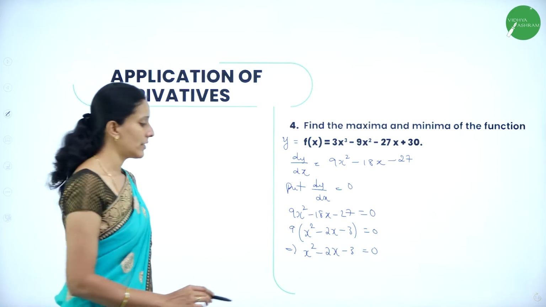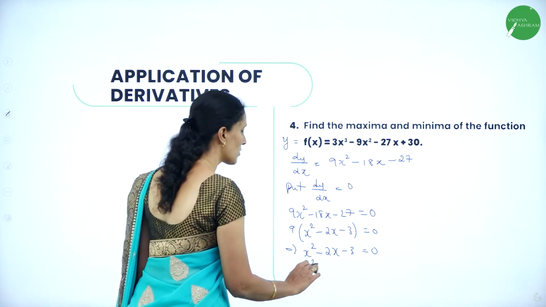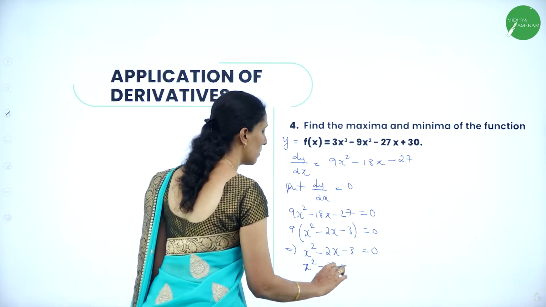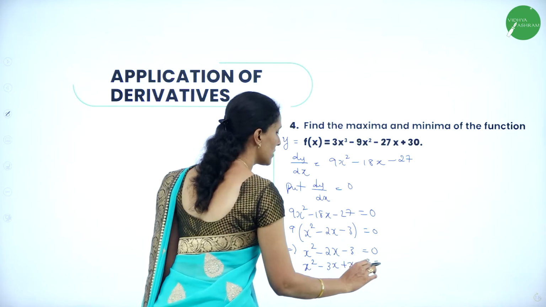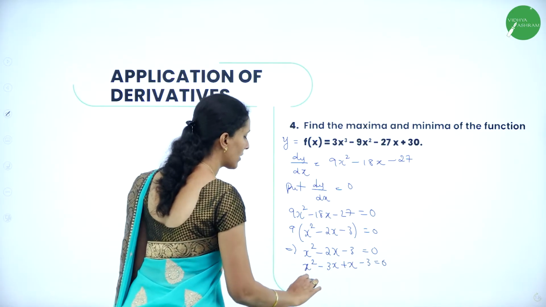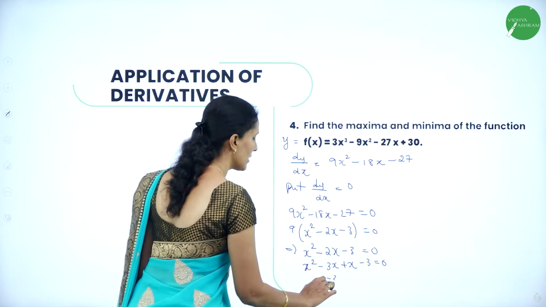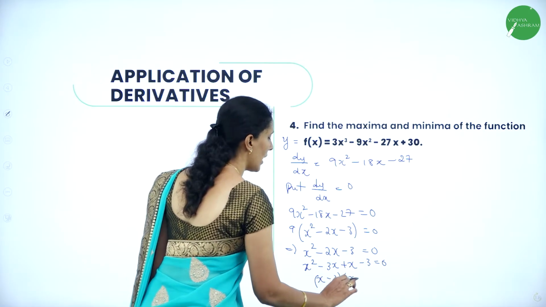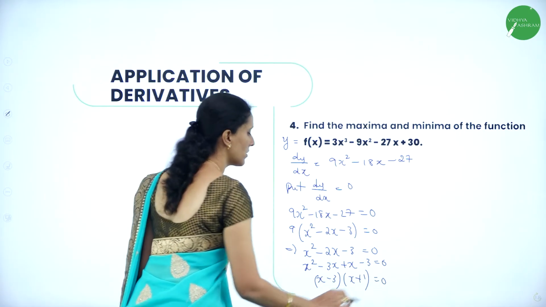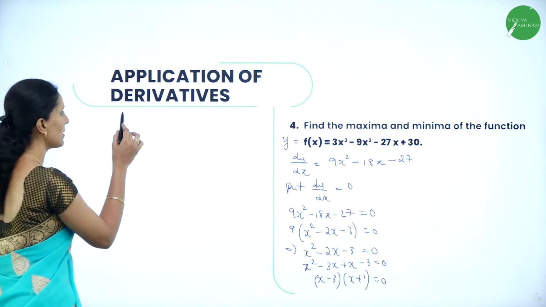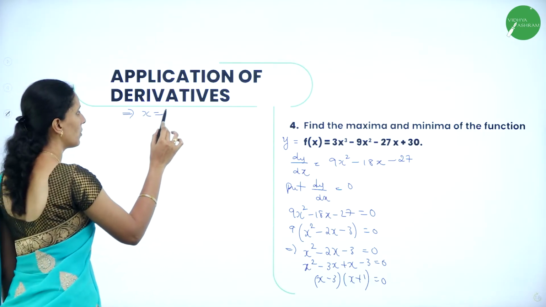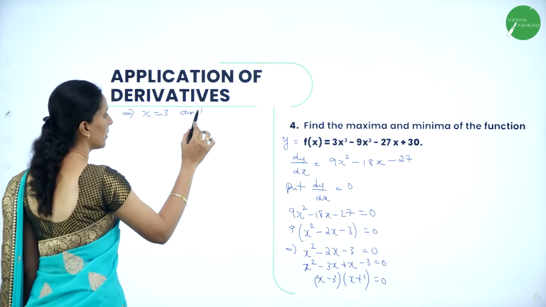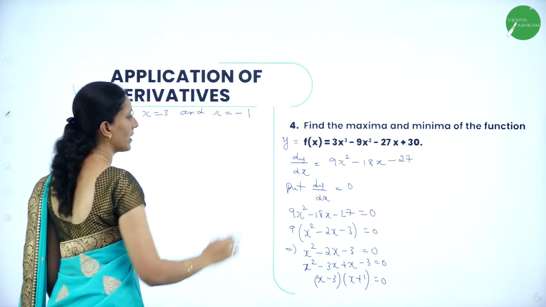So I can write this as x square minus 3x plus x minus 3 is equal to 0. I'll get the factors as x minus 3, x plus 1 is equal to 0. So therefore, this implies x is equal to 3 and x is equal to minus 1.